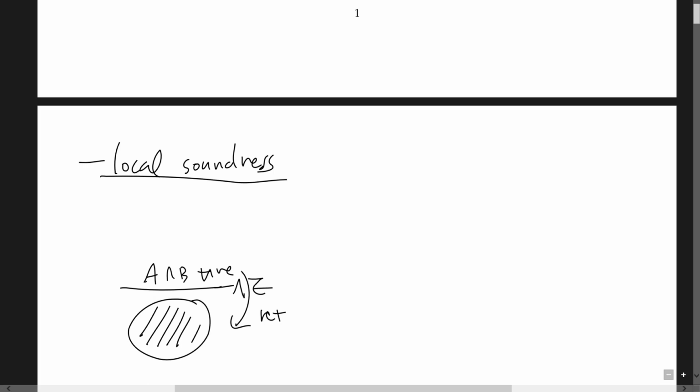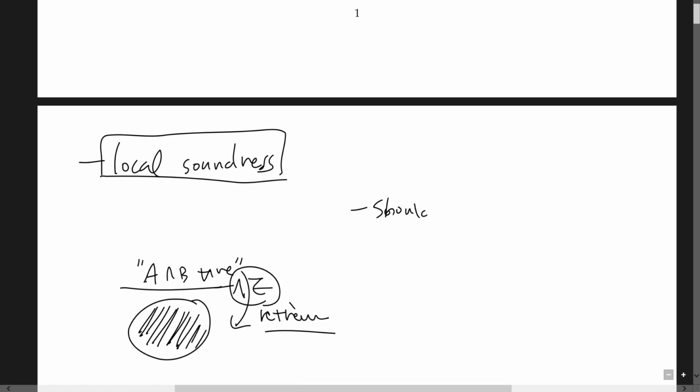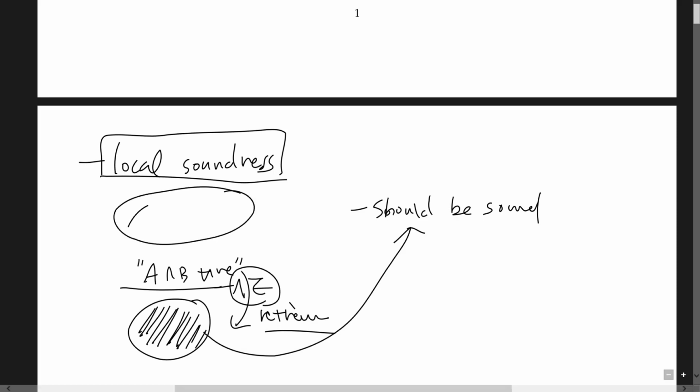And the local soundness property says that this new knowledge extracted from this truth judgment by this elimination rule should be sound, or it should be part of the original knowledge that we used to construct this truth judgment A conjunction B true.